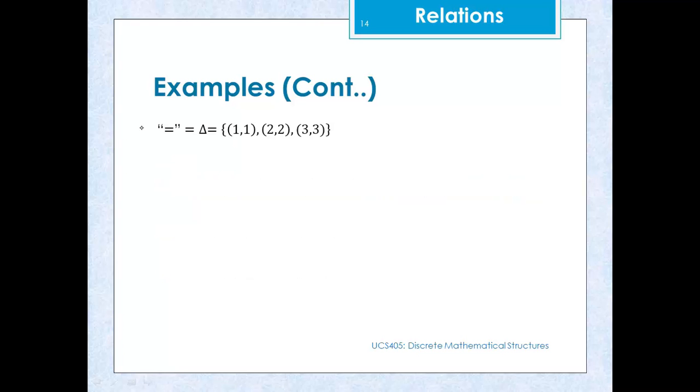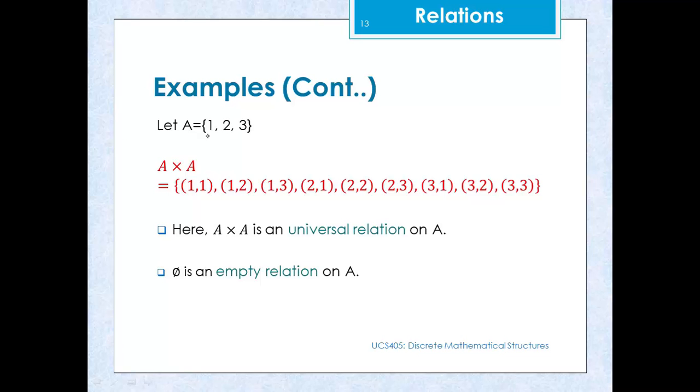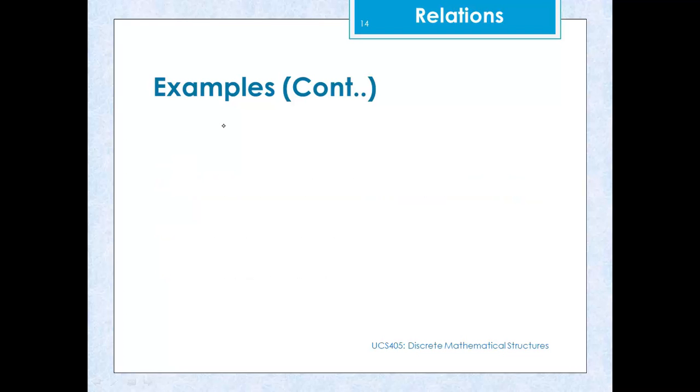So the first relationship that can be defined in that set is equal to. This is also denoted sometimes as delta, and we will be using this notation later in this topic. So, if we are having this set A and we are defining an equal to relationship, what will be the ordered pairs in that? (1, 1), (2, 2), (3, 3).